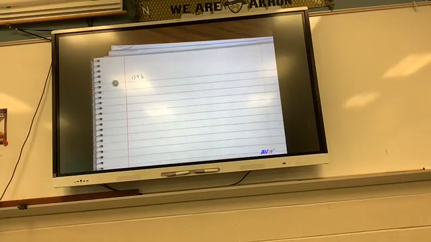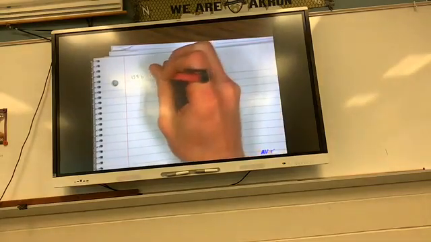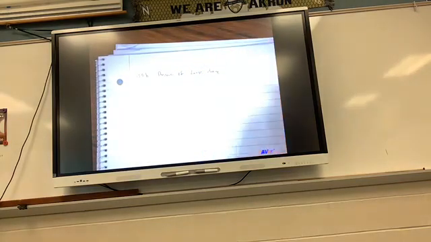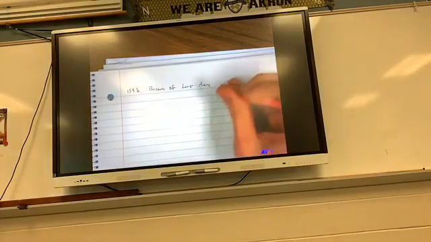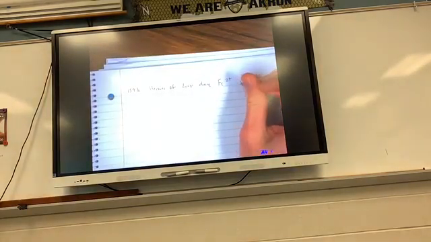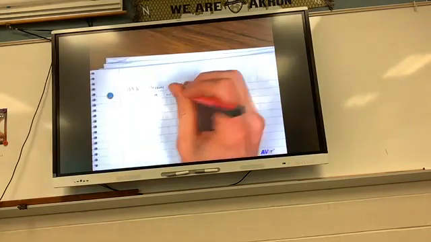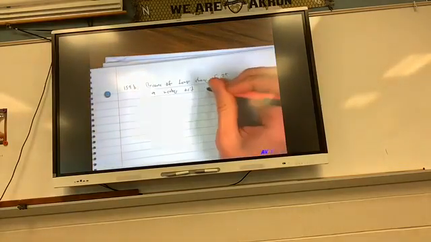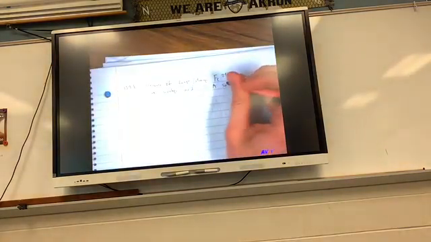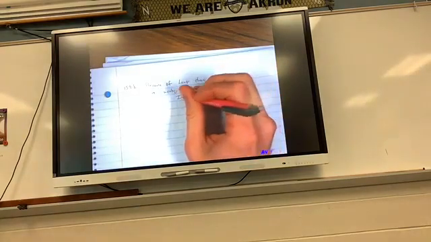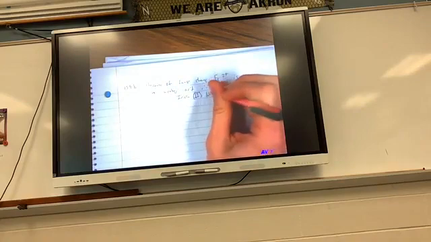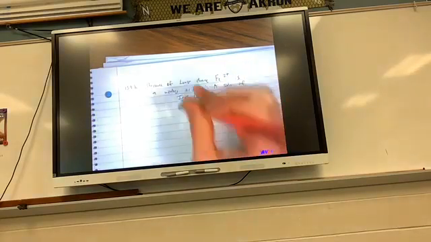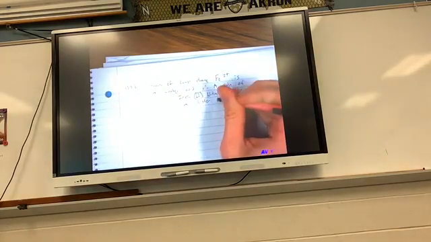Because of the lower charge, Fe2 plus is a weaker acid, so therefore a solution of iron 2 nitrate will have what type of pH? Yes, a higher pH.